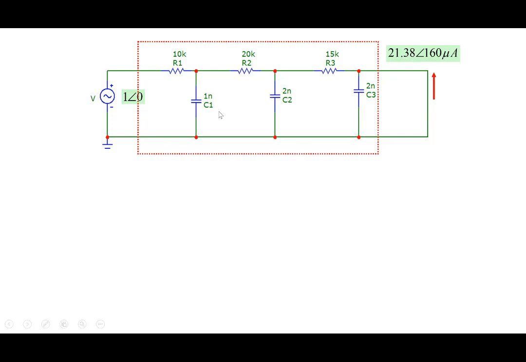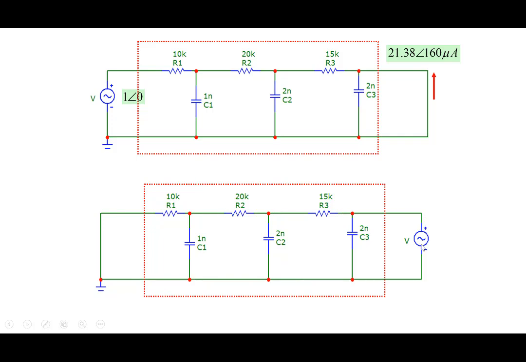Now let's exchange the two. Let's short the input and let's apply the voltage here. So we apply it here and we short the input. And if you measure the current, same phasor here, you'll find the current as 21.38 angle 160 here. So these are reciprocal networks. You apply a voltage and you get a certain current.